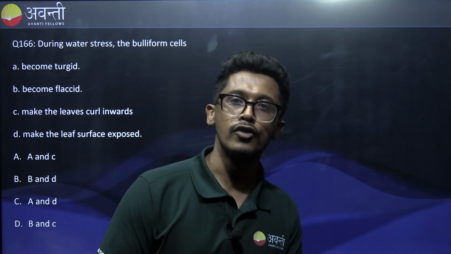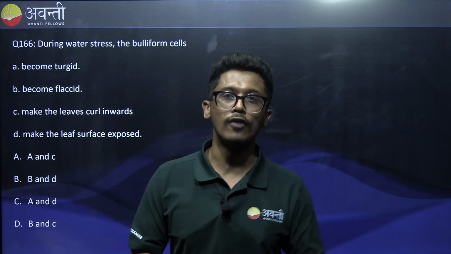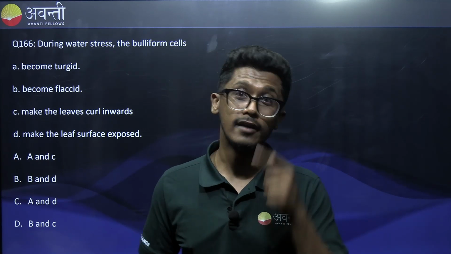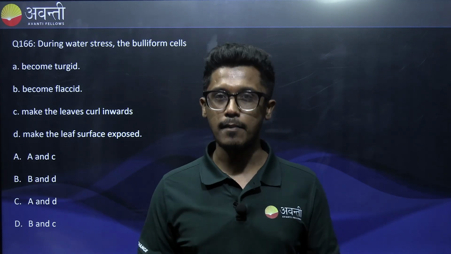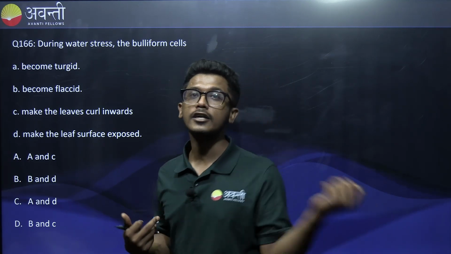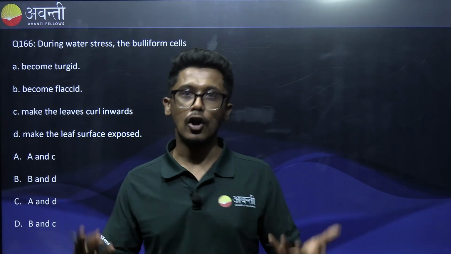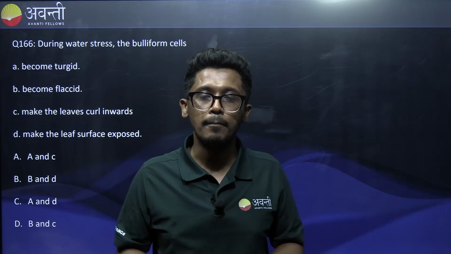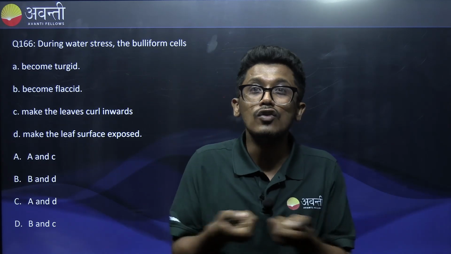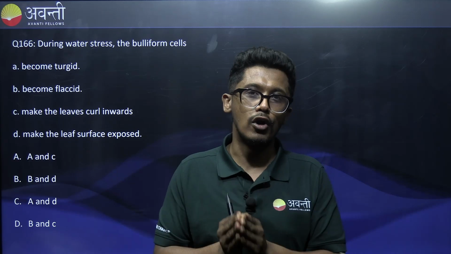So why does that happen? Usually these bulliform cells are the ones that change the morphology of the leaf's exposure based on the availability of water. Grass species are very well adapted to dry areas. To prevent transpiration loss, the loss of water, these bulliform cells lose the water present in them, so that the leaf loses its rigidity and instead of being flat, it starts curling into a small tube.